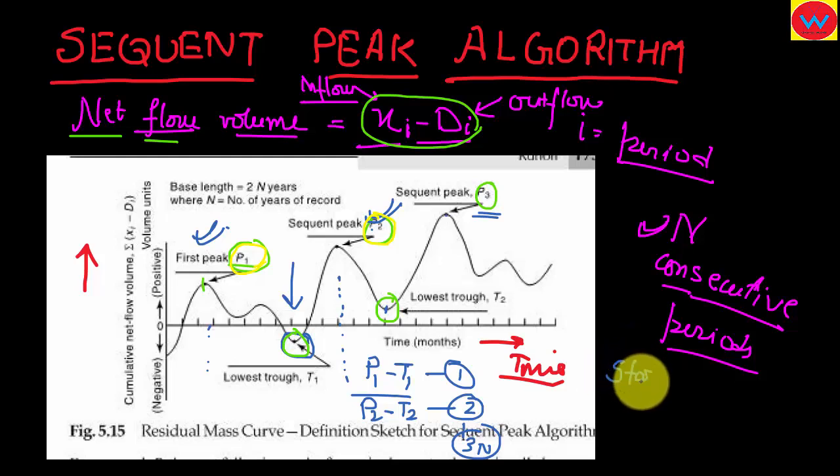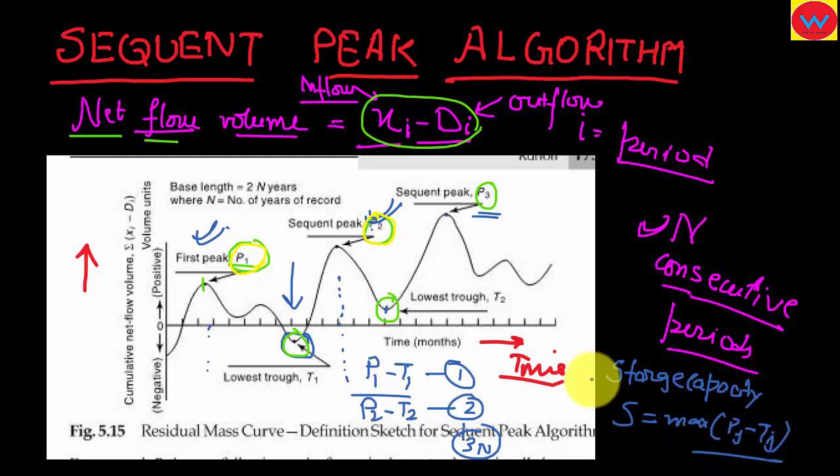It is given by the formula S is the maximum of Pj minus Tj. That is, the maximum over the sequent peaks minus the corresponding lowest trough. So the storage S will be the maximum of whatever values you get by using this equation.